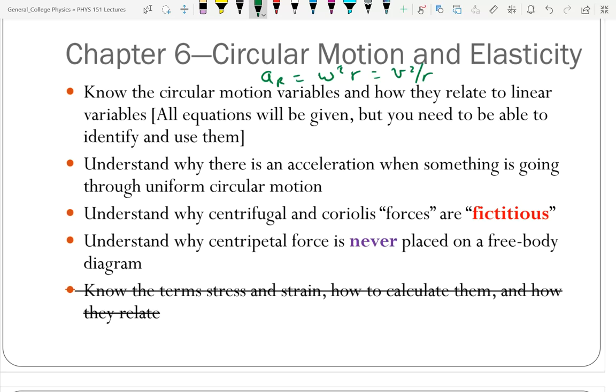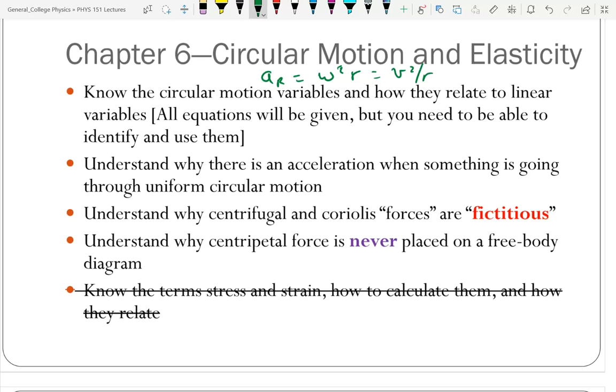I usually put A sub C for centripetal. Centripetal means toward the center. R stands for radial, which means in the direction from the radius outward. Technically, there's a difference in those two. Centrifugal would be the same as radial. Centripetal is the opposite.